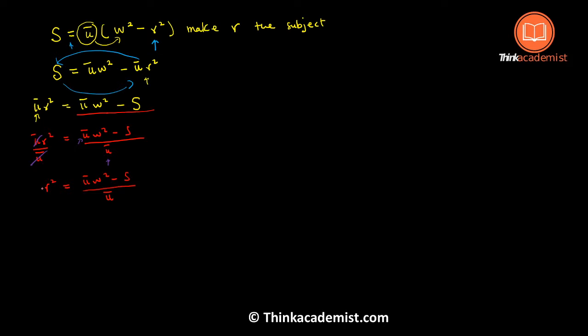Now we have r squared. R squared is not the same as r. So we need to do something in order to get rid of the square. And at the beginning of this particular lesson, I stated that when I have a square and I want a, all I need to do is to bring a square root to cancel it. Why a square root? Because when I have root of a or square root of a, it basically means a raised to the power half.